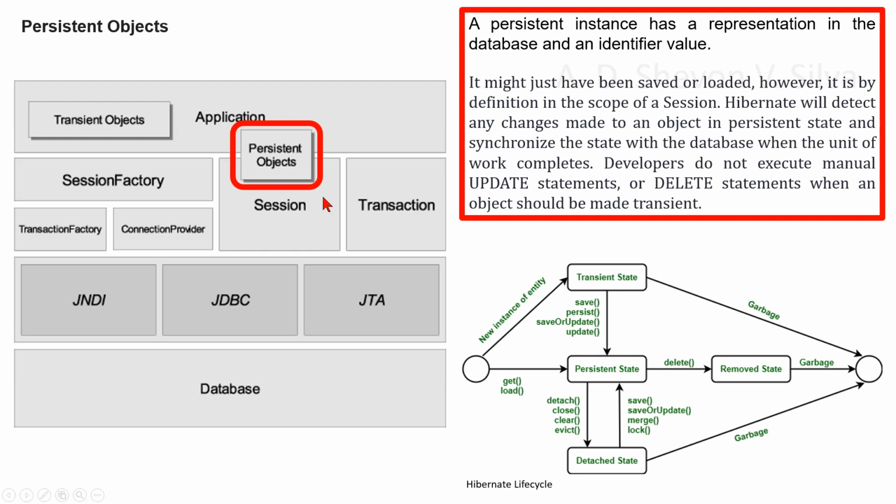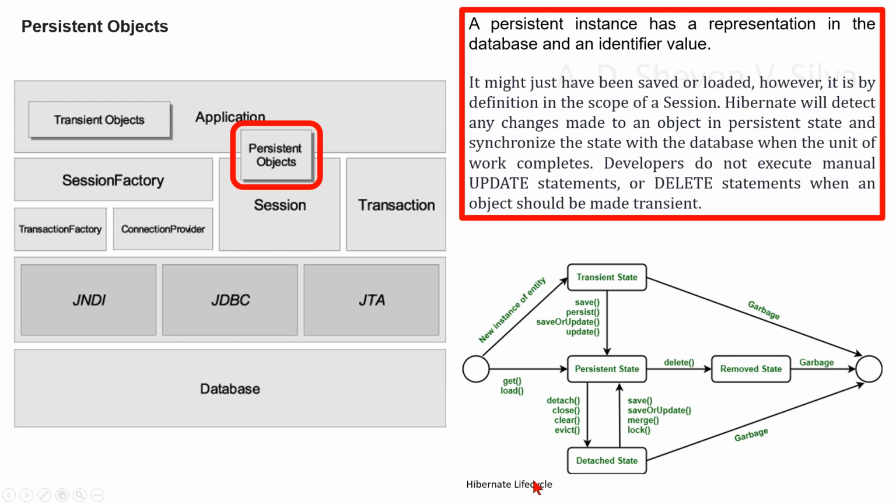Hibernate will detect any changes made to an object in persistent state and synchronize the state with the database when the unit of work completes. Developers do not execute manual update statements or delete statements when an object should be made transient.